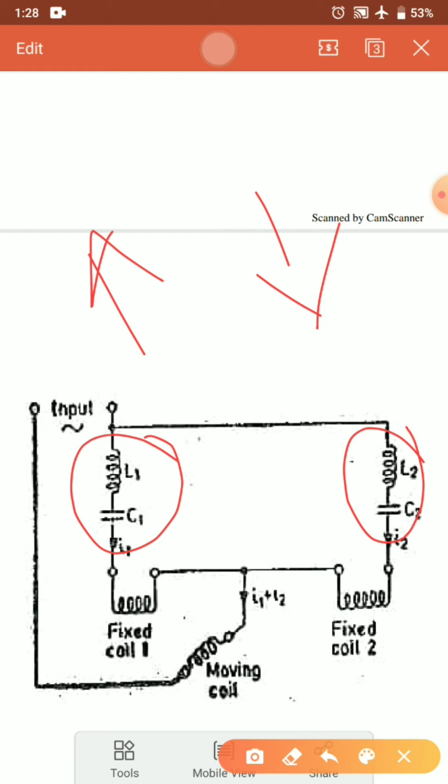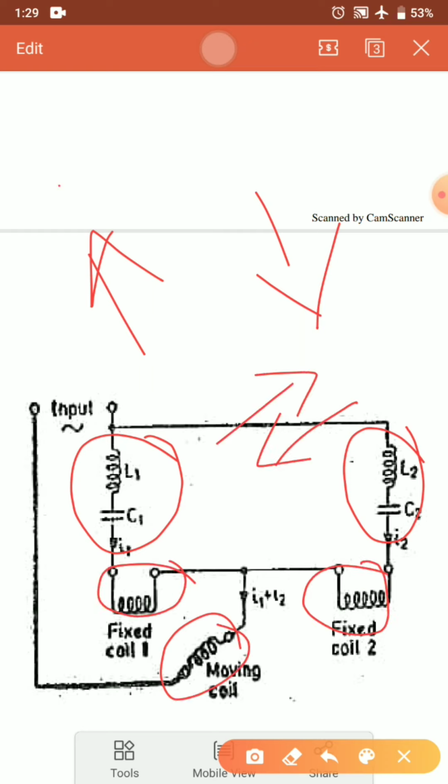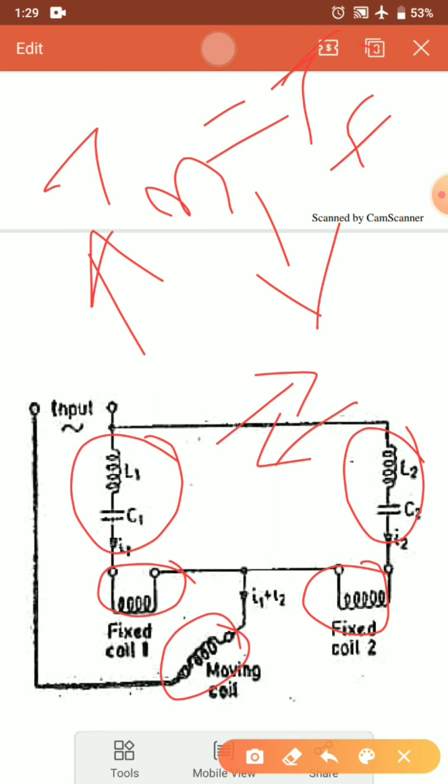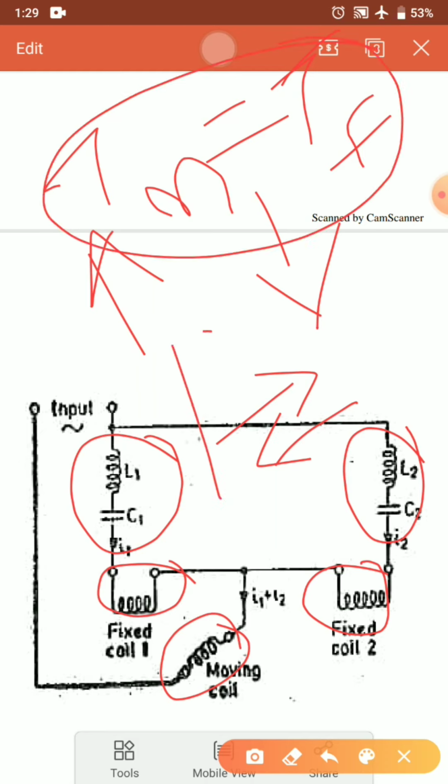Now the two currents I1 and I2 are connected in such a manner that they will act in opposition on the moving coil. The torque produced by both these components will always be in opposition. As we have seen, when the torque of the moving coil and the torque of the fixed coil are in equilibrium position, only at that time will we get the deflection. We will be measuring the deflection by the pointer.